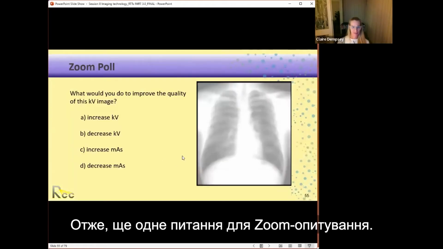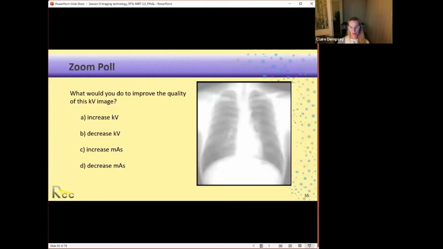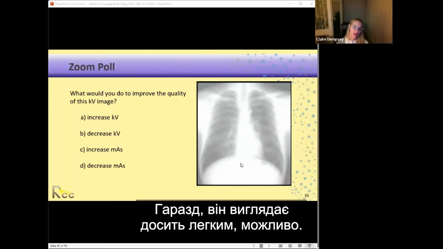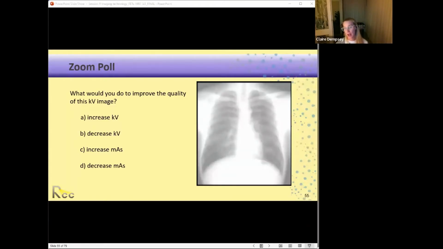Okay, so another Zoom poll question. Let me pull it up. Perfect. So in this question, we've got an image here. Okay, so it looks pretty light, maybe.